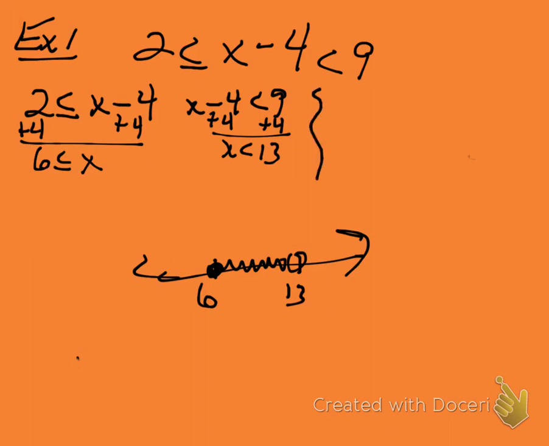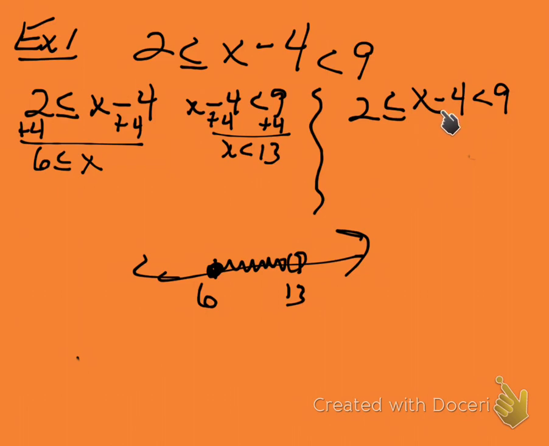The other way of doing these, and this will work if your x's are all in one place. If your x's are in the middle and it's written as one inequality, you can also do it this way. In case you're like, you know what, I'm a person that likes to get things done. I don't have time for all of these shenanigans, writing two separate inequalities out. I got things to do. You can do this.